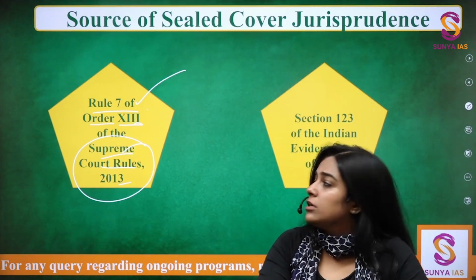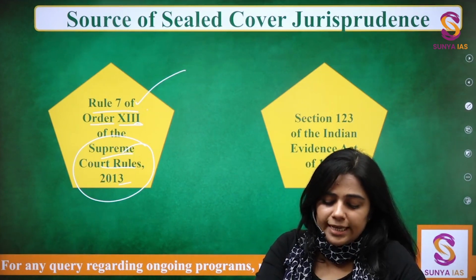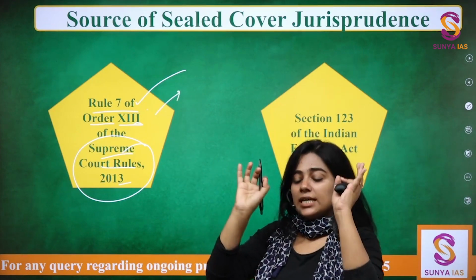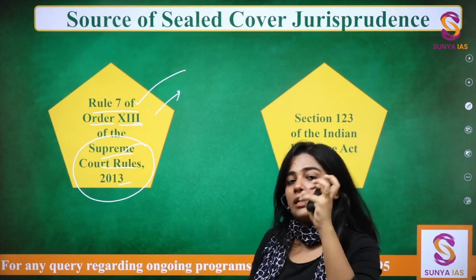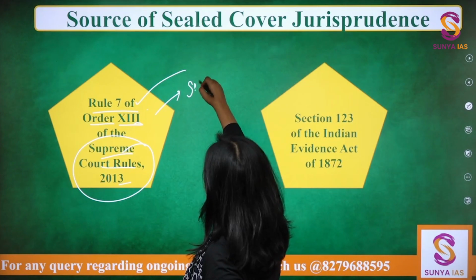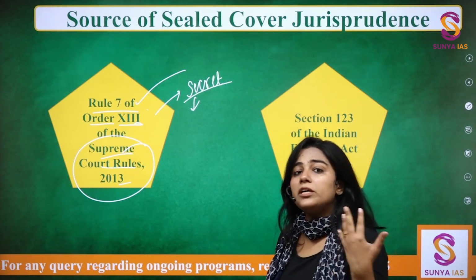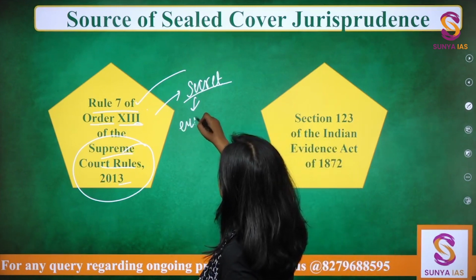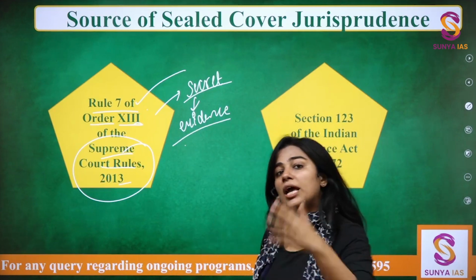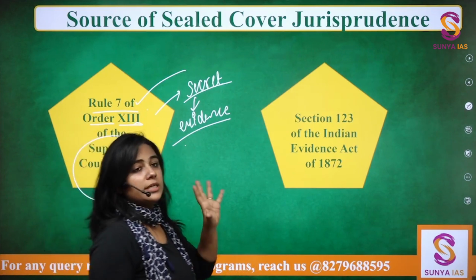So rule 7 of the Supreme Court Rules 2013 actually tells that if the Supreme Court has designated a particular file, a particular piece of information as a secret, then this secret cannot be used as evidence by anyone, right? It shall remain a secret till the time the Supreme Court declassifies it.